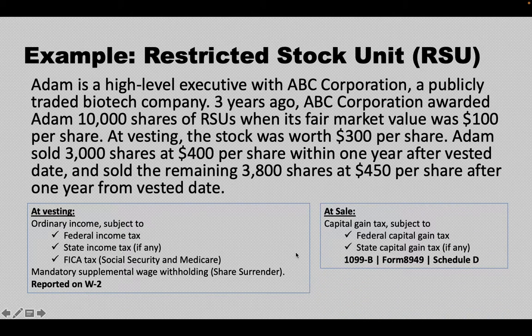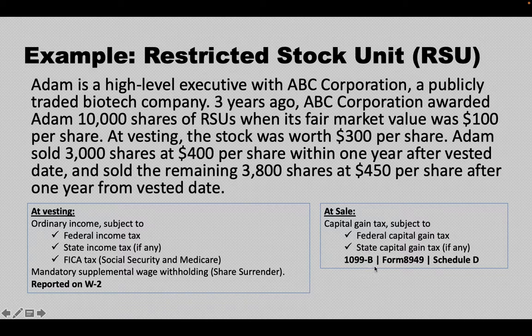How about later when you sell? When you sell the shares, that will be capital gain tax, subject to federal and state capital gain tax. The form involved is the 1099-B, which your brokerage firm will issue.